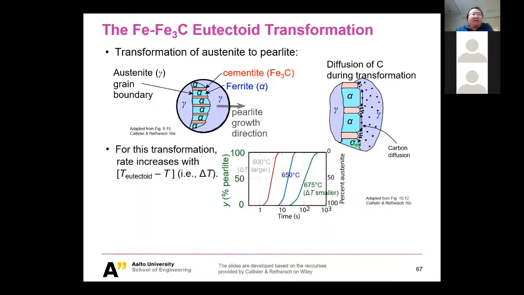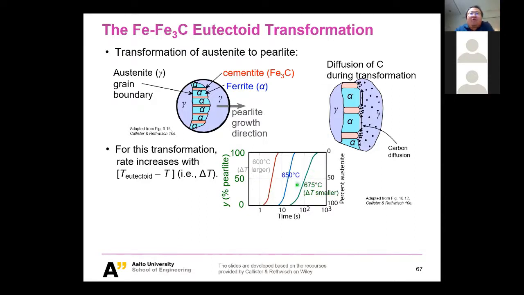And what is the effect of supercooling then? Yeah, so this diagram is showing you the effect of supercooling. Let's say here is our phase transformation diagram. So this is the volume fraction of phase transformation, and this is the time. You can see when we just use a rather small delta T, so we cool a little bit down from 727 to 675 degrees C. This is what you get with transformation.